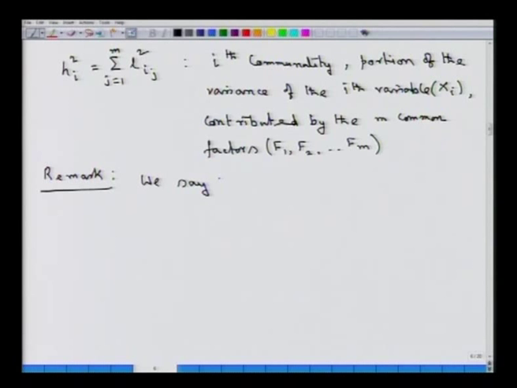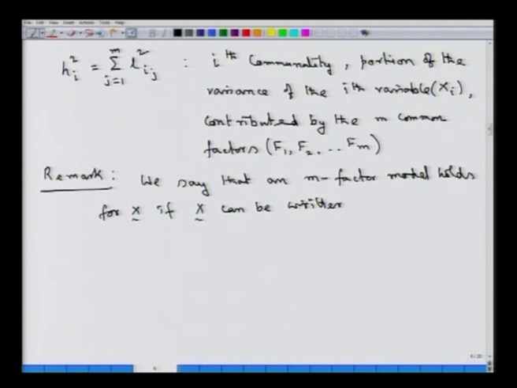Under the present situation, we say that an m factor model holds for x if x can be written as x minus mu equals LF plus epsilon, that is the factor analysis model, with of course L, F and epsilon as formulated earlier.